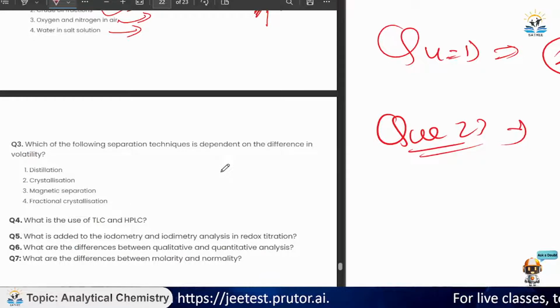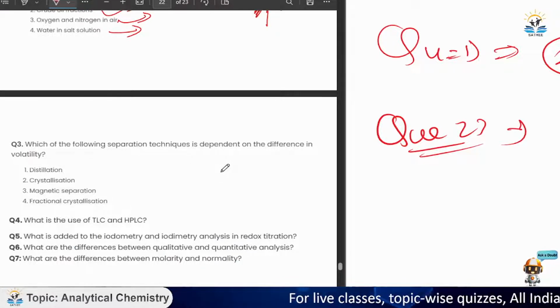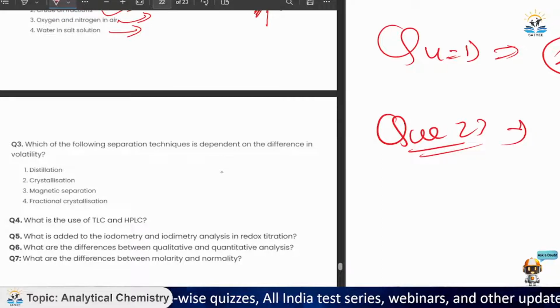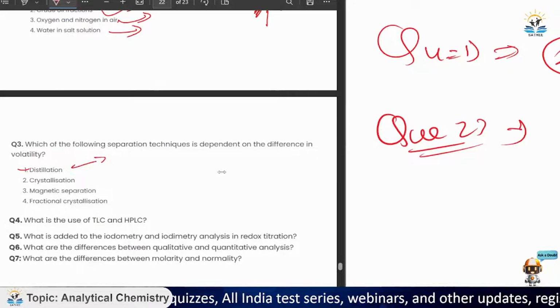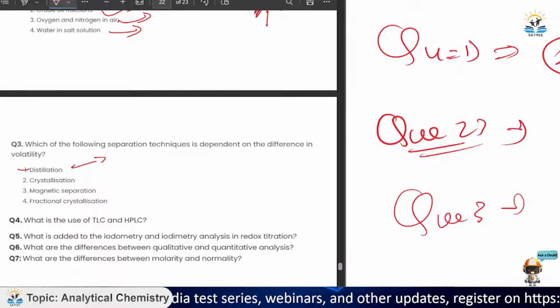We need to check if we are given two substances, for example alcohol, which is more volatile than water. Water and alcohol, so which method will we use? The distillation process is mostly dependent on the volatility. So this one is the only one dependent. So question number 3 comes from A only.